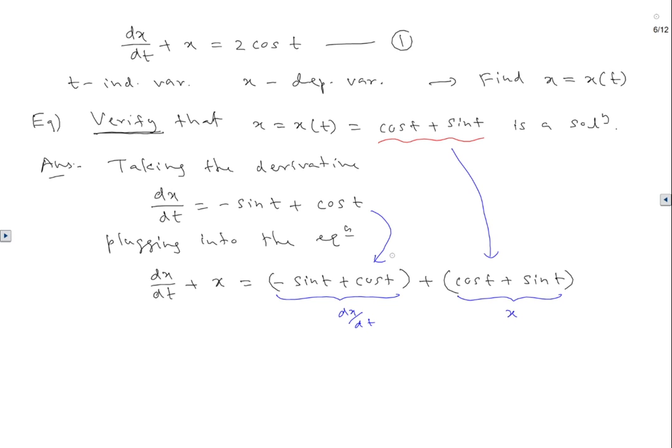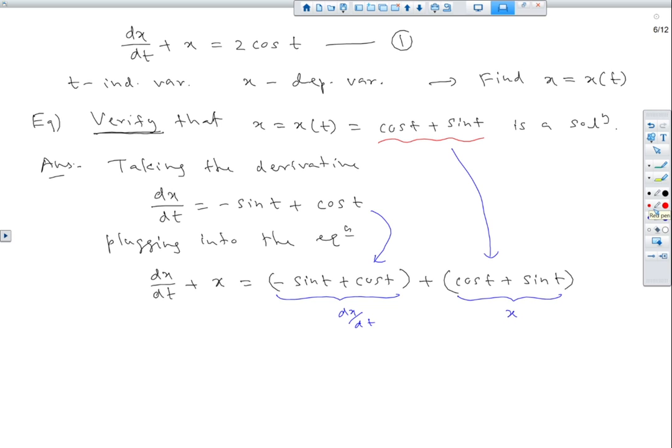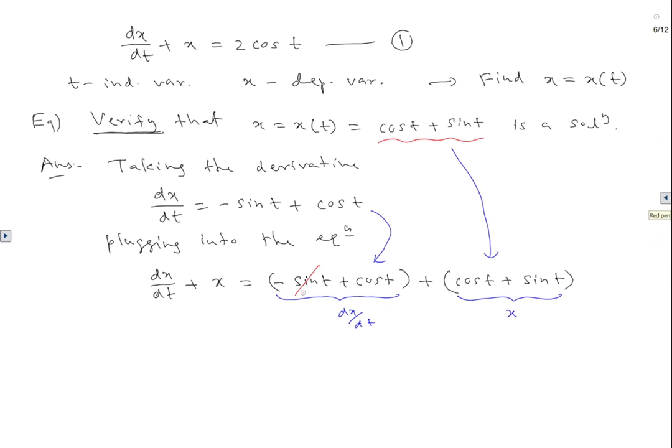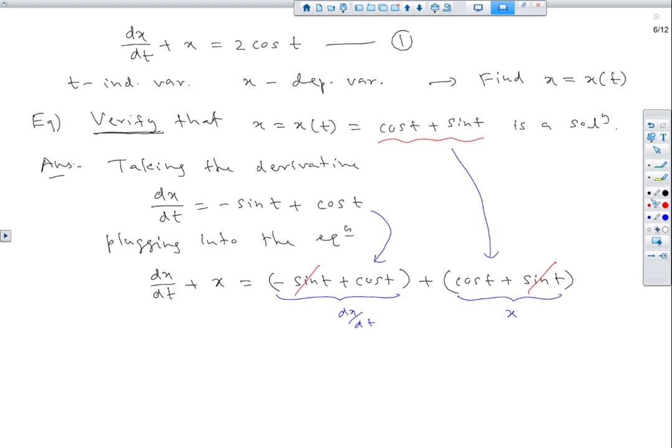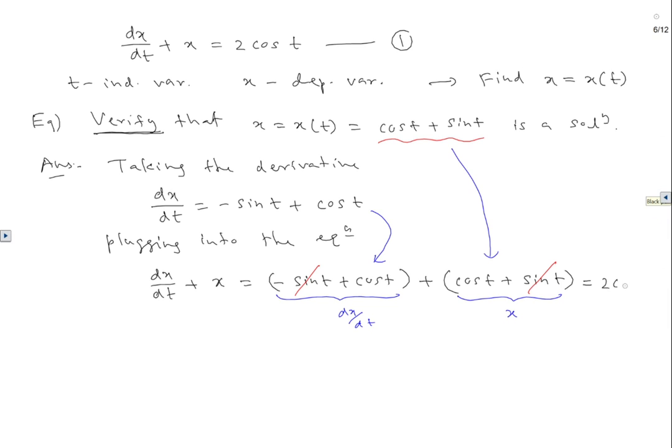Now let's simplify. You can see that some of the terms get cancelled. This term cancels with that term, so you get 2 cosines: 2 cosine t, and that's exactly equal to the right side of equation 1.